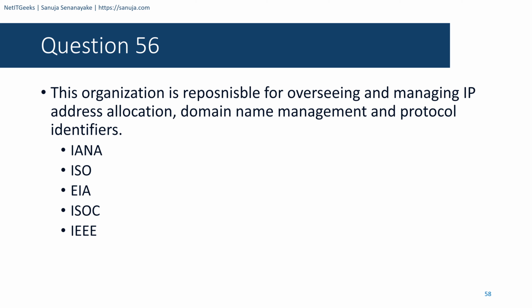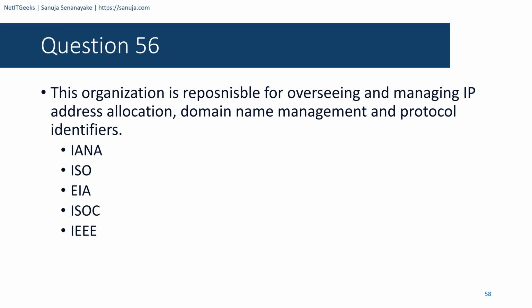Question number 56. This organization is responsible for overseeing and managing IP address allocation, domain management, and protocol identifiers. Again, this is one of those things you have to memorize. IANA, ISO, EIA, ISOC, IEEE. IANA is the Internet Assigned Numbers Authority. ISO is the International Organization for Standardization.